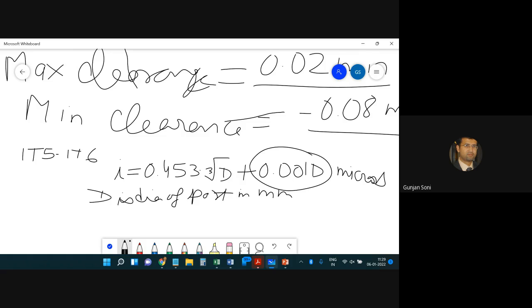And this formula is applicable up to 500 mm. So there is a limitation on the usage of this also. And you must be thinking, what is D actually? How do we find out D? So I'll let you know about that also. Also, I is in micrometer. Okay, the unit of I is in micrometer.